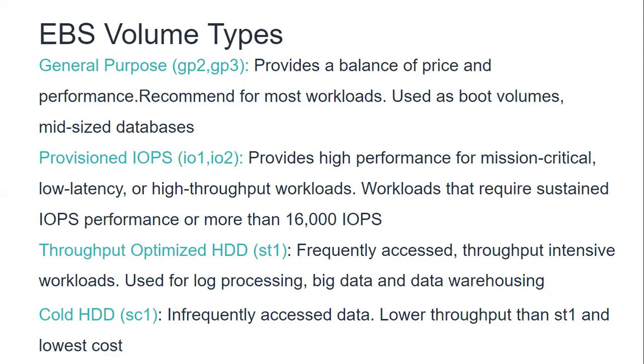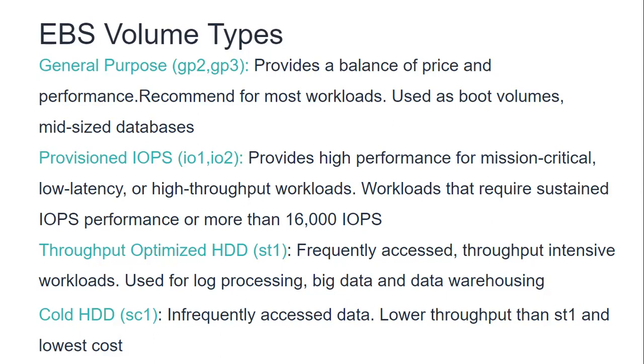You can use general purpose for that also, but throughput optimized is used for such workloads. So if you have big data or a data warehouse, you want to store data, you can use this. Later, we'll see other options for data warehouse or big data. You can also use it for log processing. You may need to access this data for processing, so you would want to store it on throughput optimized.